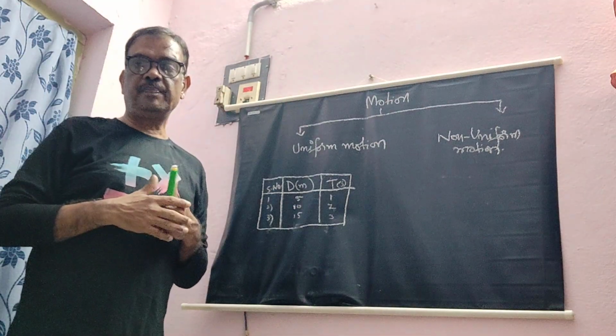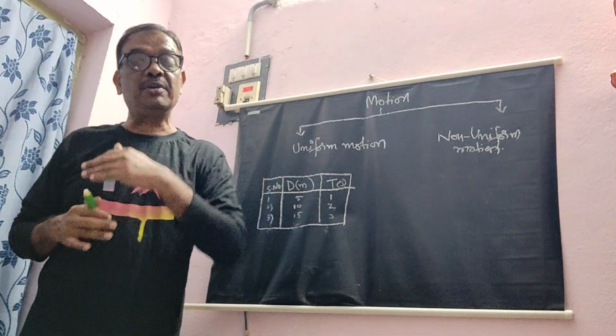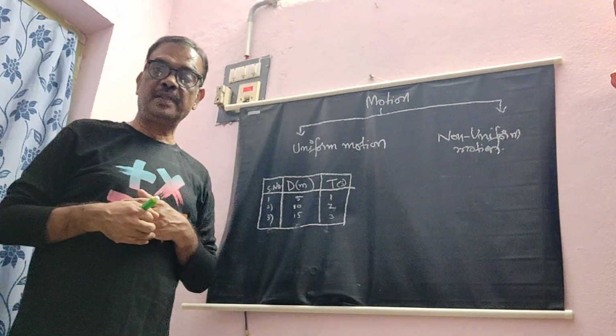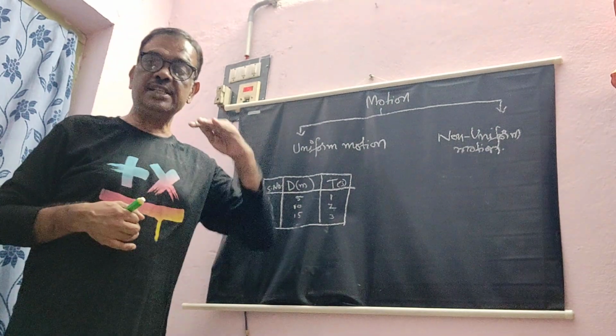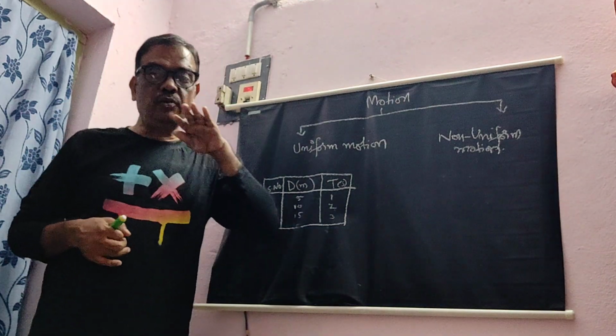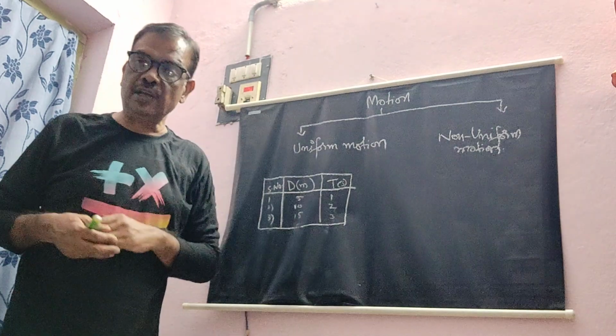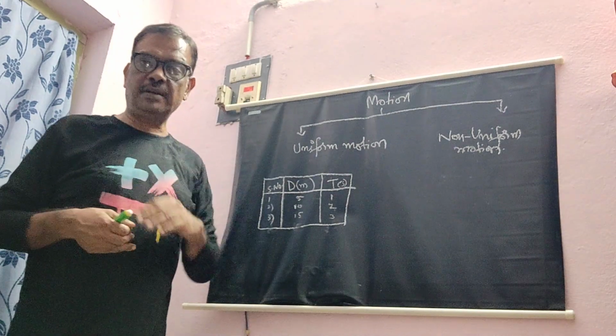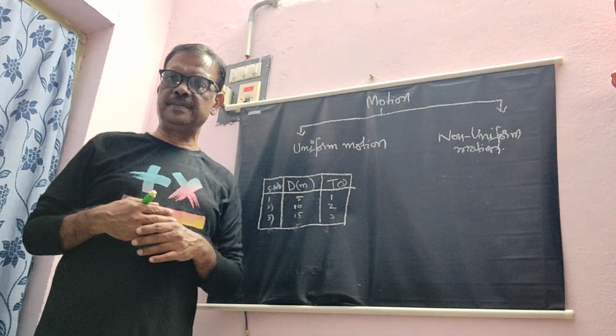That is uniform motion. A bus moving on a highway at a speed of 60 km per hour. A car moving on a highway at a speed of 40 km per hour. A train moving at a speed of 60 km per hour or 40 km per hour. That is uniform motion.